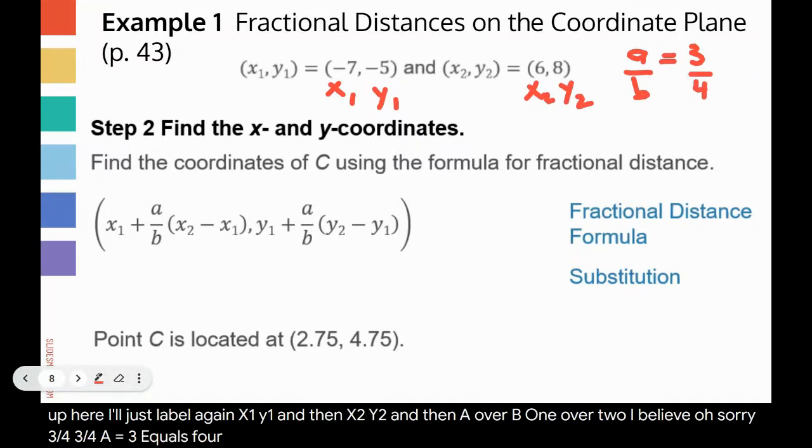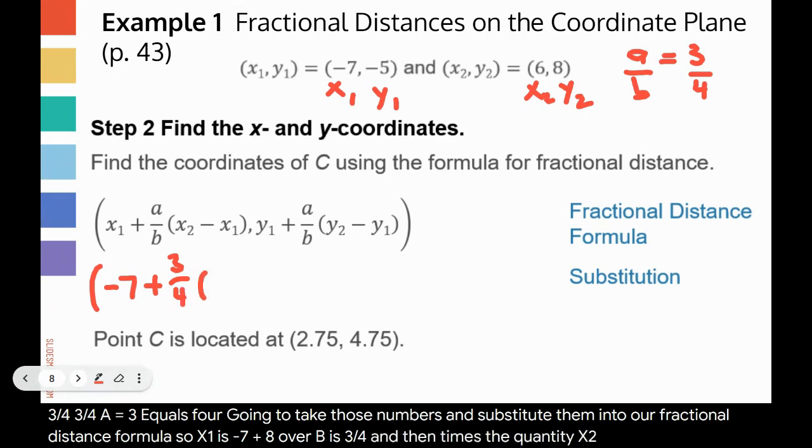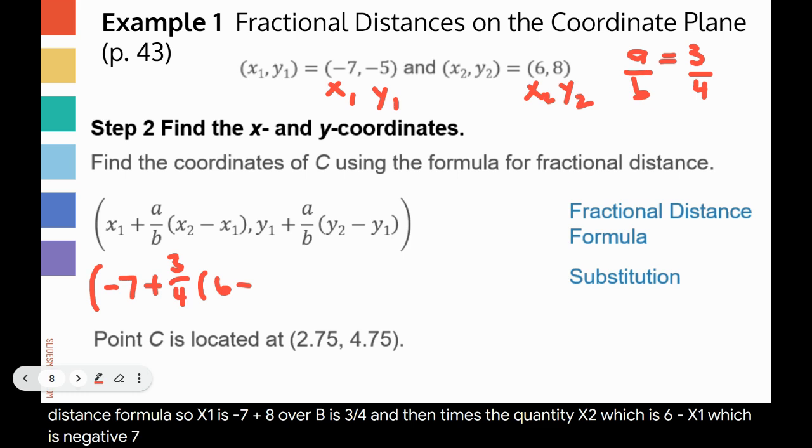Okay, so we're going to take those numbers and substitute them into our fractional distance formula. So x1 is -7 plus a over b, which is 3/4, times the quantity x2, which is 6, minus x1, which is -7.